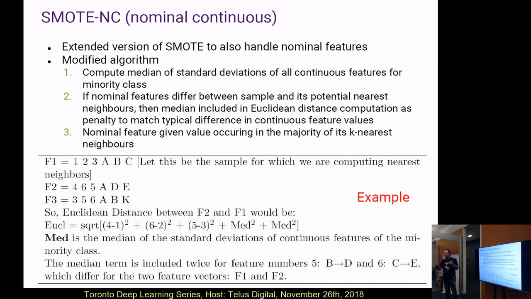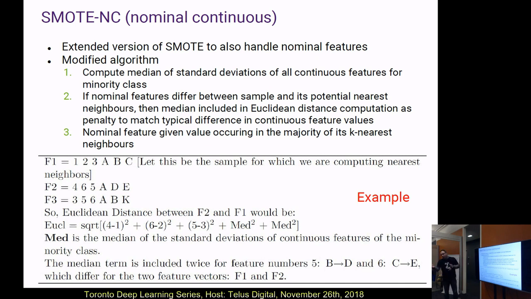Then, using that value, they add it to the Euclidean distance computation in order to assess the Euclidean distance when you include that nominal feature. It's not necessarily the best way because you don't take into account whatever variation is in that nominal feature, but it's a way they thought was appropriate for dealing with a mixed data set.